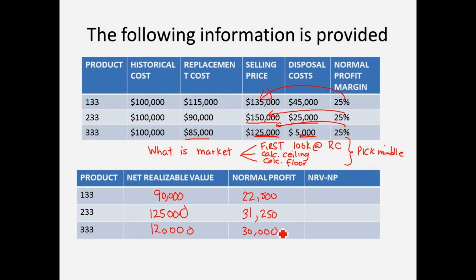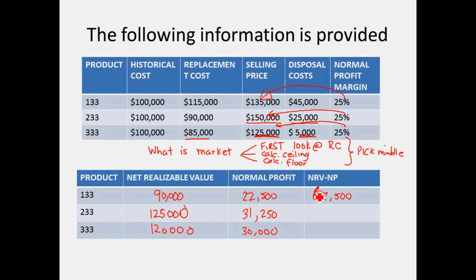Now if I take the net realizable value minus the normal profit margin, it's going to give me 67,500.